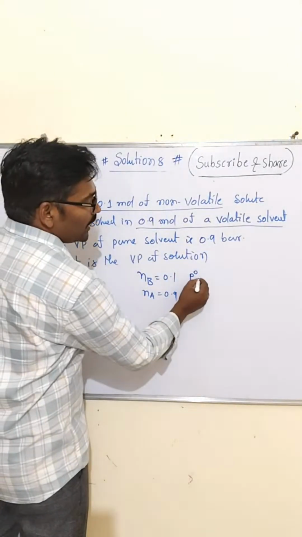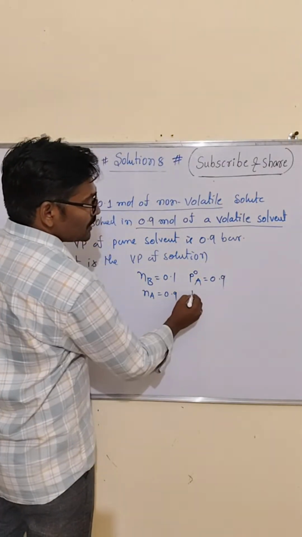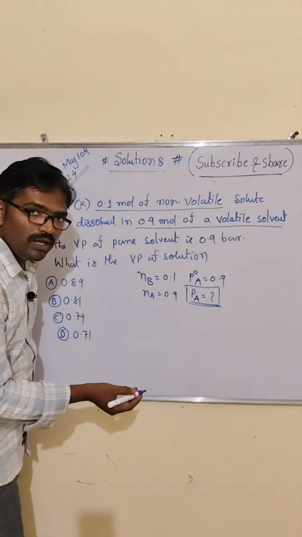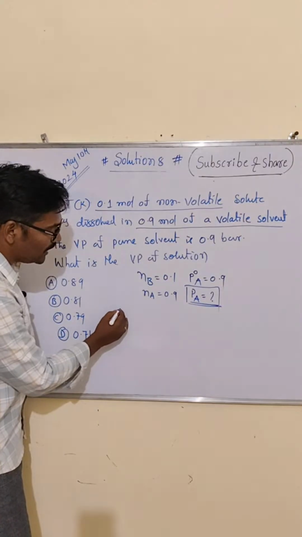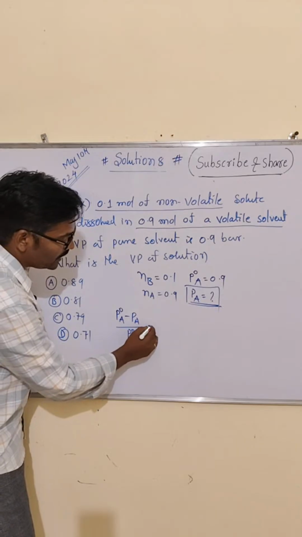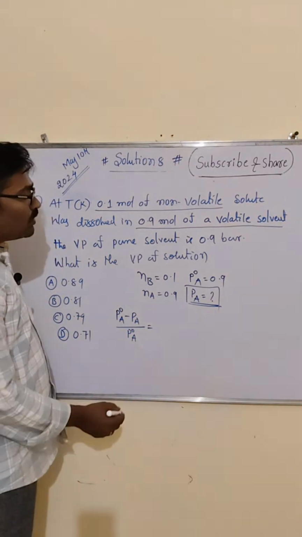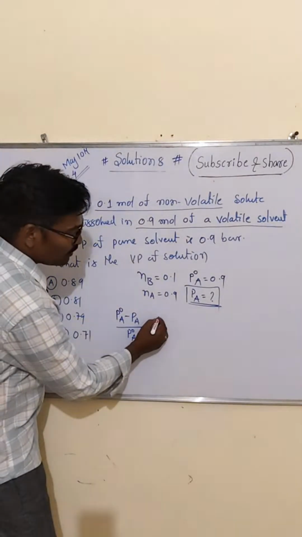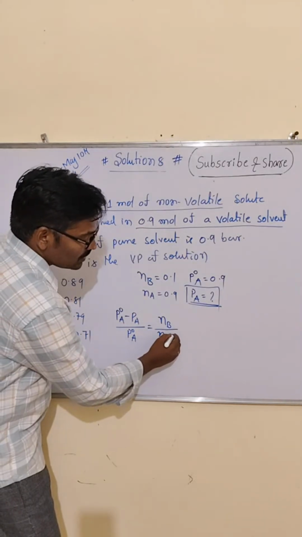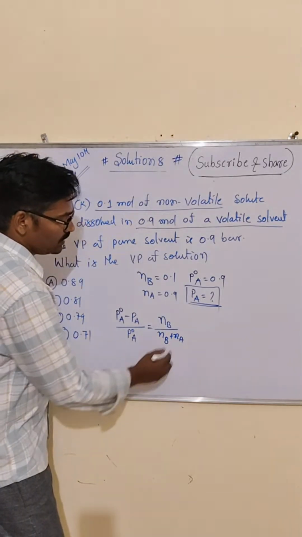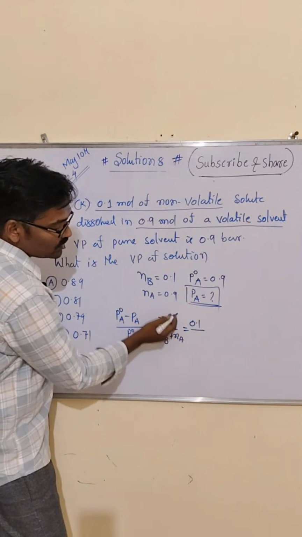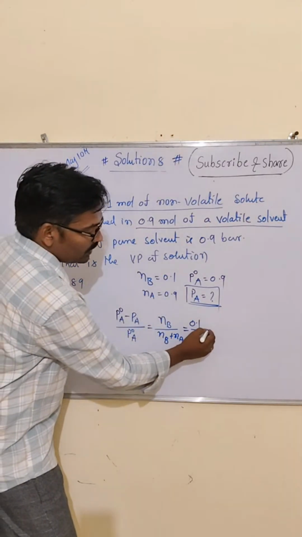So the P naught A value is 0.9. What is the PA value? According to Raoult's law, the relative lowering of vapor pressure, P naught A minus PA divided by P naught A, is equal to the mole fraction of solute, the number of moles of solute divided by the total number of moles of solute plus solvent. The moles of solute is 0.1, and the total is 0.9 plus 0.1, which is 1, so you get 0.1.